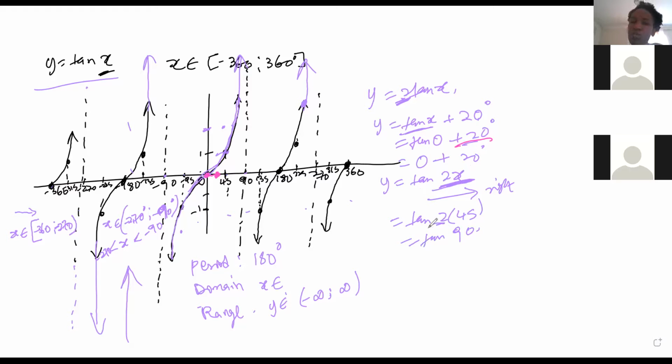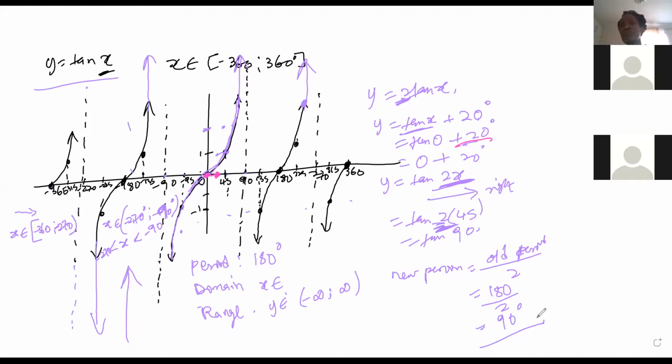When they ask you what is the period for the new graph, it's gonna be the old period divided by this value there, 2. So the period of a tangent is 180 divided by 2, which means the new period of the tangent is 90. Okay, any questions? So that's about it on the functions.